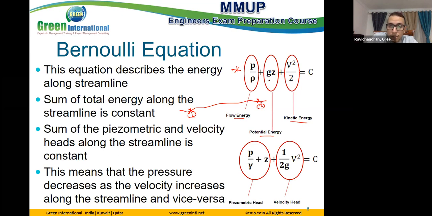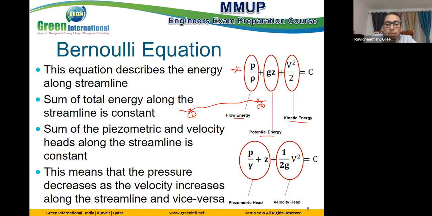Divided by g, we get z, and for p/rho we get p over gamma, since rho g is gamma, and v squared over 2g. So we converted this from energy form to head form, but it represents the same thing.